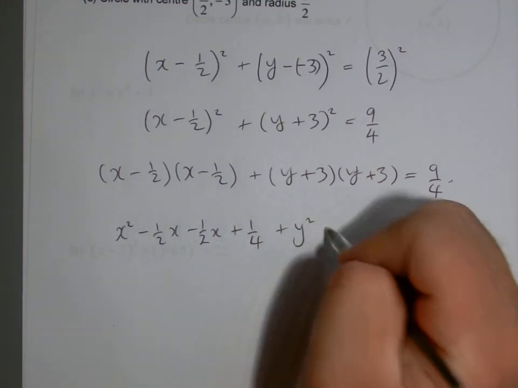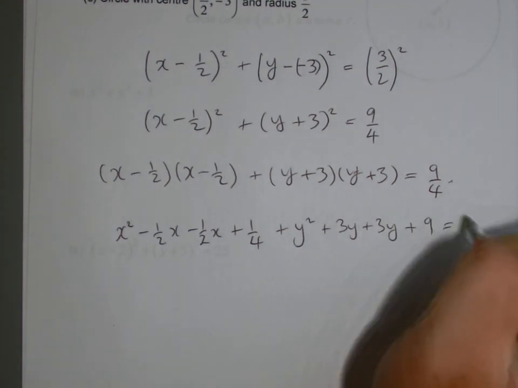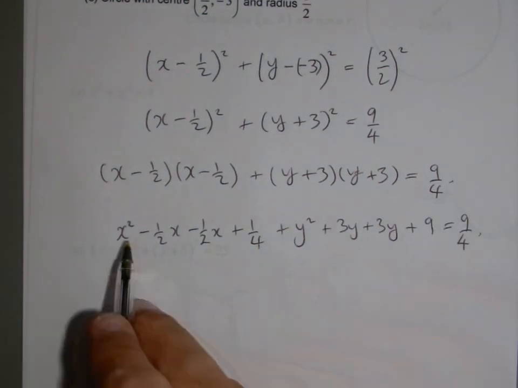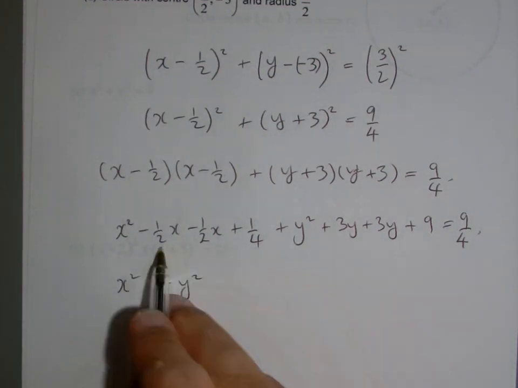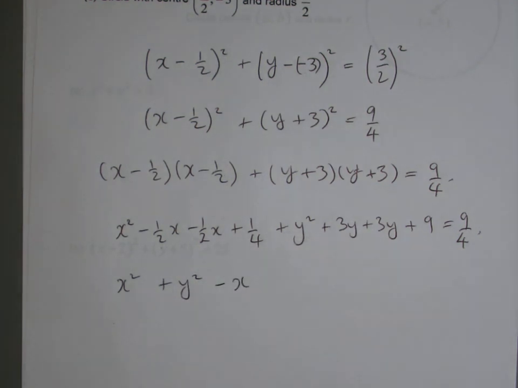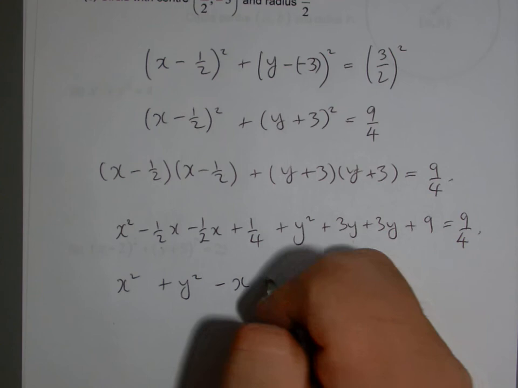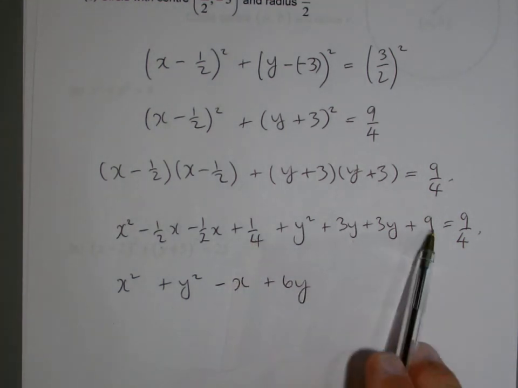Do the same here: y squared, outers and inners, and lasts you get that there. So we get x squared plus y squared, minus a half x and minus a half x is just minus x. 3y and 3y is 6y. We've got a quarter here and 9.